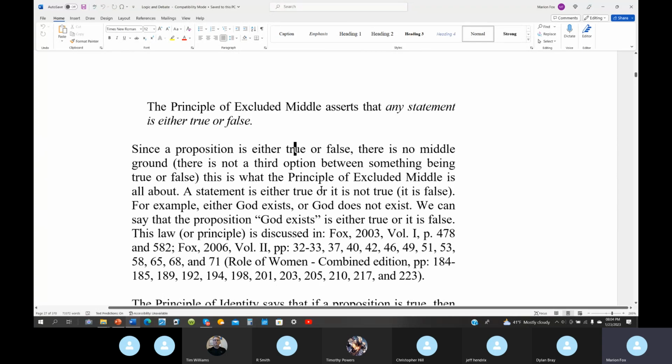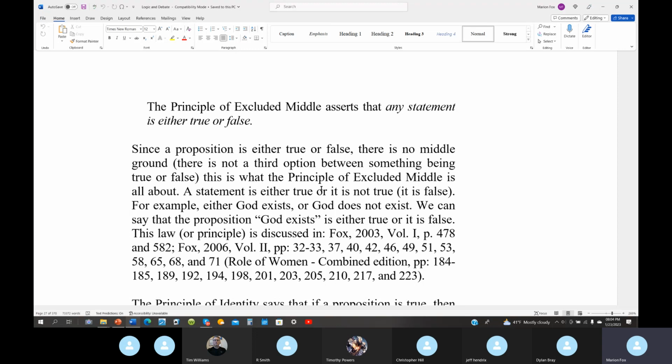The next paragraph has some. The principle of excluded middle asserts that any statement is either true or false. And again, that sounds kind of silly to say it, but it has to be said. A proposition is either true or false, so there's no middle ground.